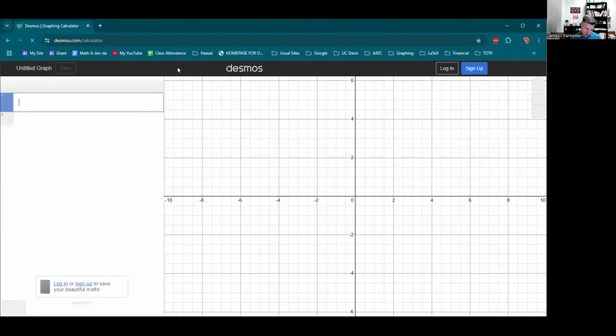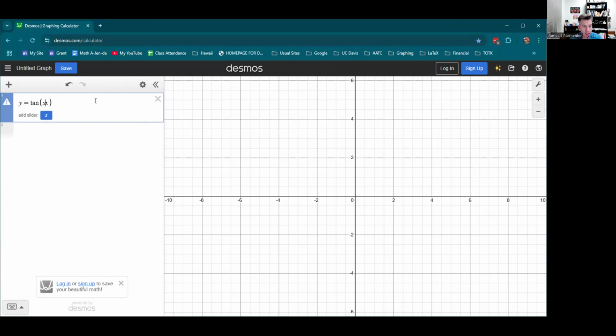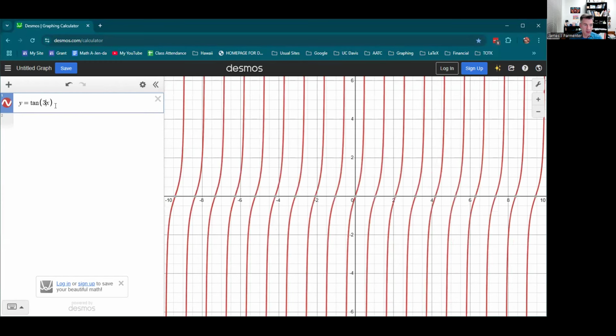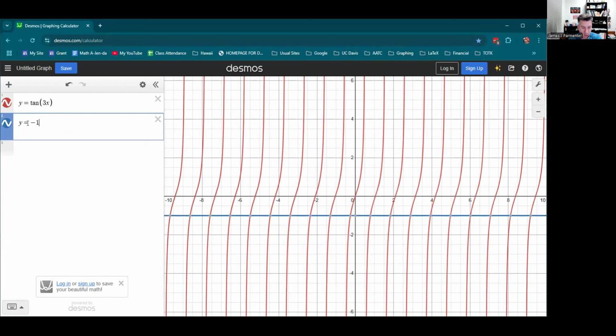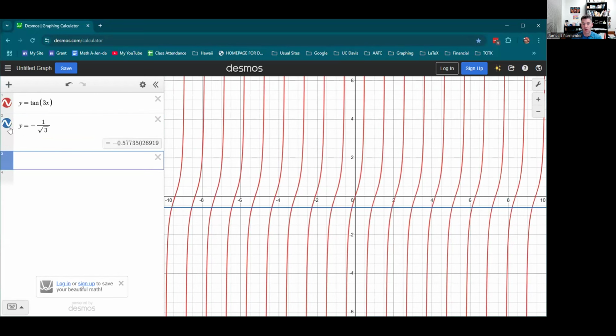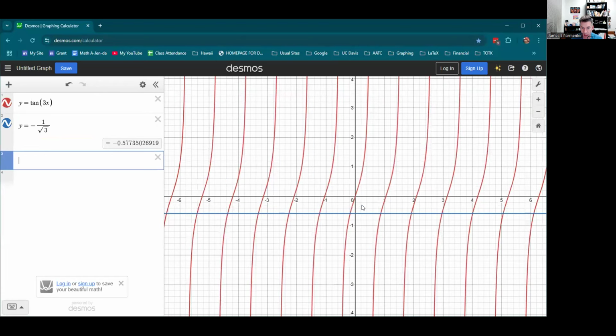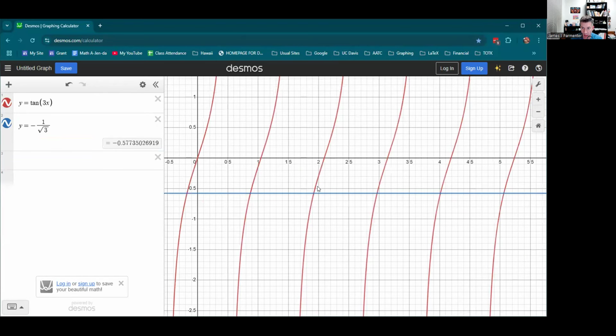And if we graph tangent of 3x, and then I'm going to graph the y value that I want to equal to, which is negative 1 over root 3. Y equal to negative 1 divided by the square root of 3.